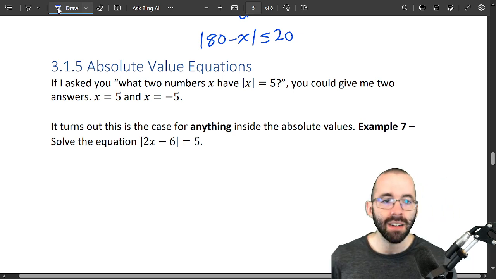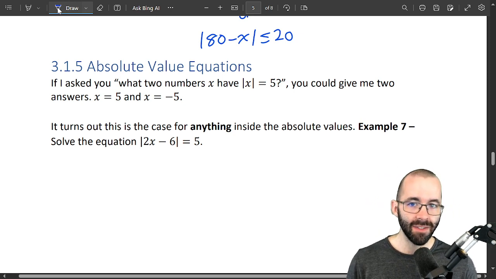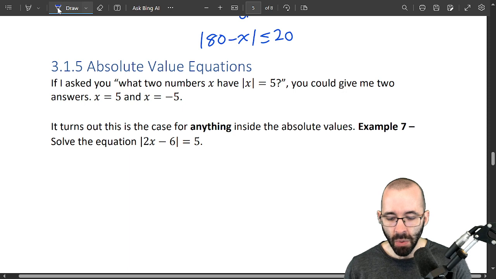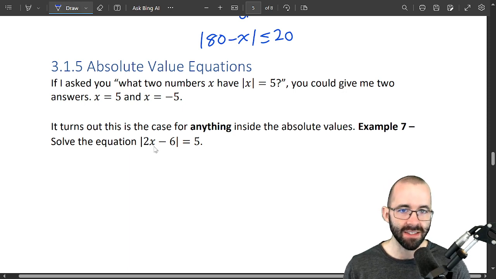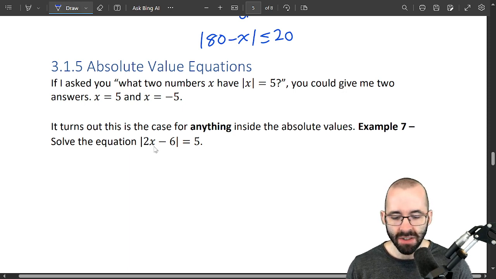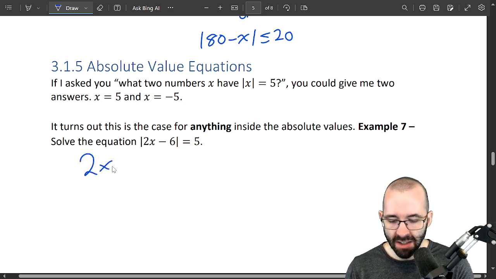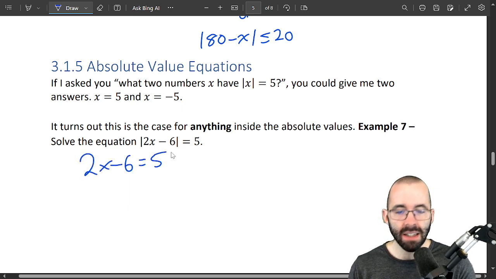For example, example 7. We can have all sorts of things inside this absolute value equation, but notice that this will only be true when the inside is equal to 5.